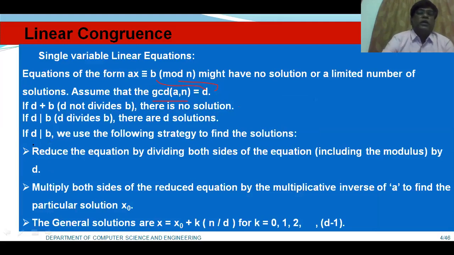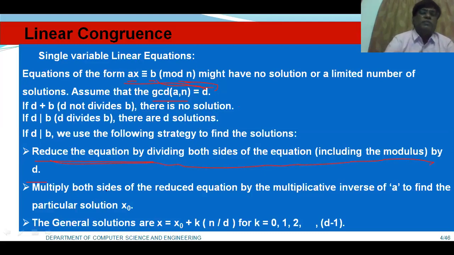Now, what is the procedure? If the equation has a solution, what is the procedure to get this solution? First, reduce the given equation by dividing both sides of the equation, including the modulus, by the D value. Very simple thing. Divide the left hand side, this variable, and this n by the D value.